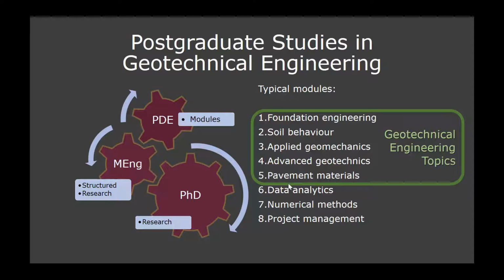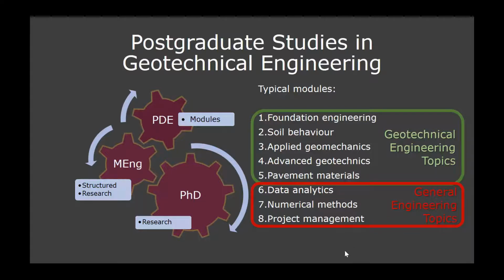And then pavement materials, which is offered by the pavement section. And this particular course deals with the granular soils that are used to make up our roads. So this has a lot of fundamentals that are in tandem with geotechnical engineering.